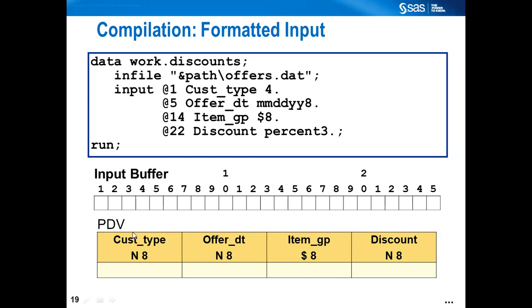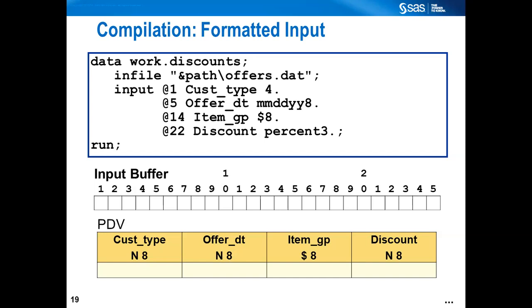With the column instructions, your PDV is created: column name, type, length. The ruler marks the fifth column, the tenth, the twentieth, in tens.